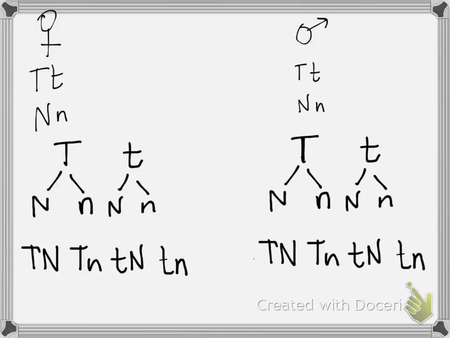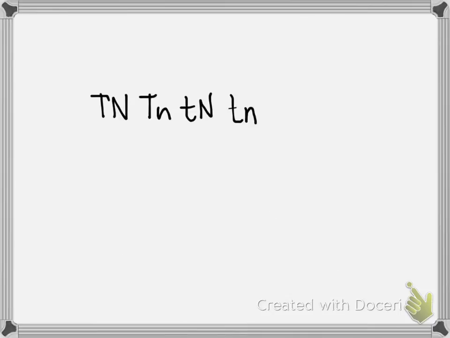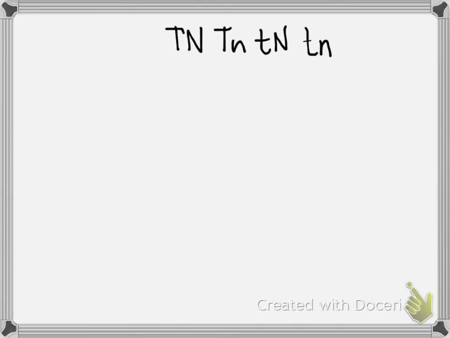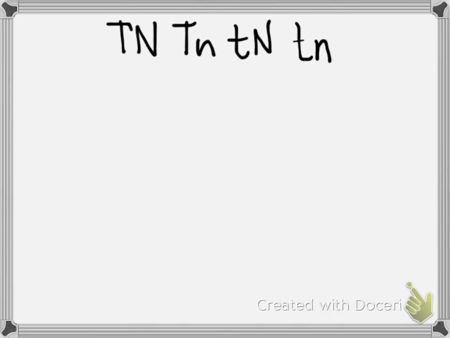Okay. So our dihybrid Punnett square for this combination is going to be a 4 by 4. Copy. Paste. Expand that a little bit.